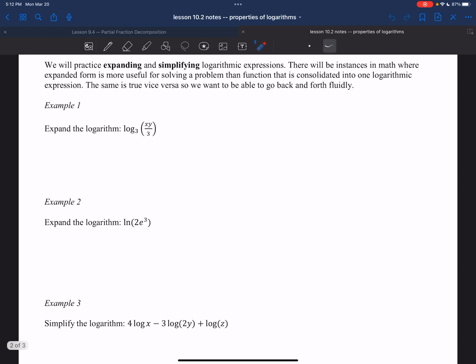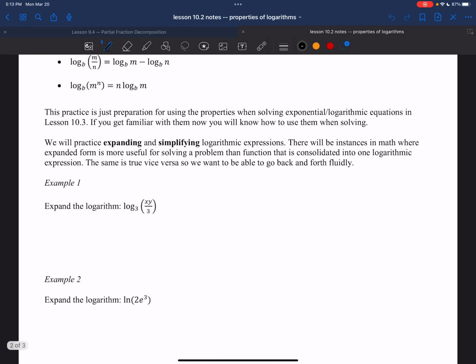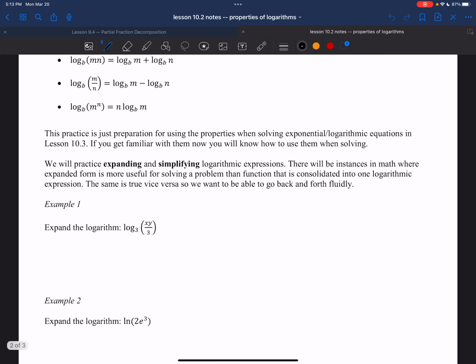Okay, so let's expand this logarithm. I see that this says x times y divided by 3 in the denominator. So we're going to be doing the product rule and the quotient rule. So you can think of it like this. Think of it as log base 3.